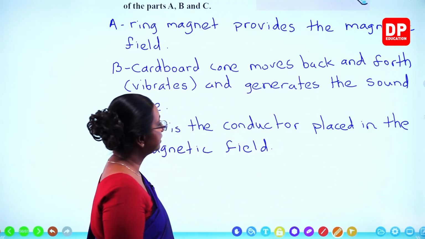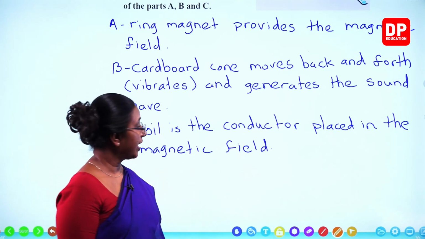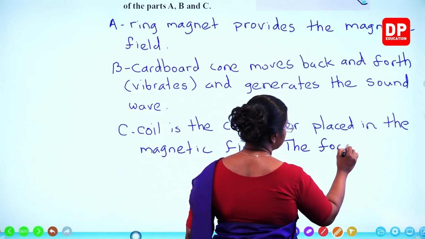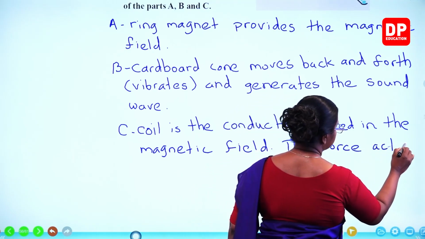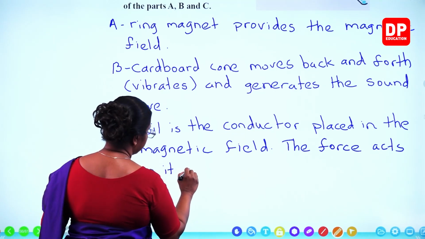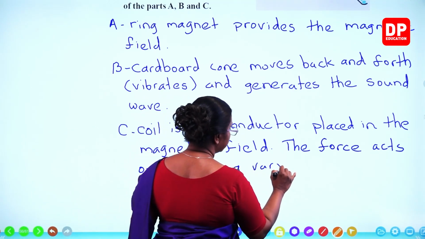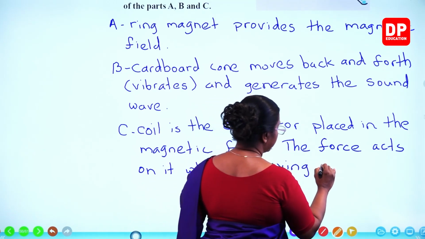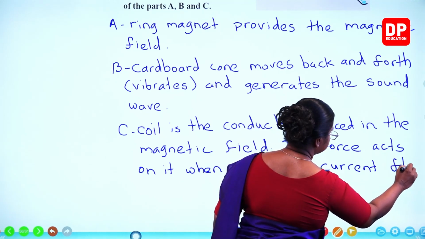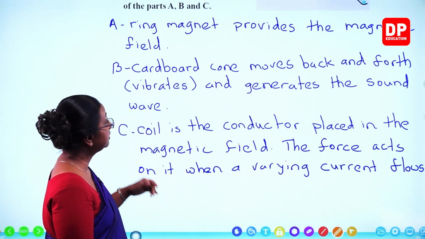So coil is the conductor placed in the magnetic field, and the force acts on it. The force acts on it when a varying current flows. So that is the purpose of having the coil.